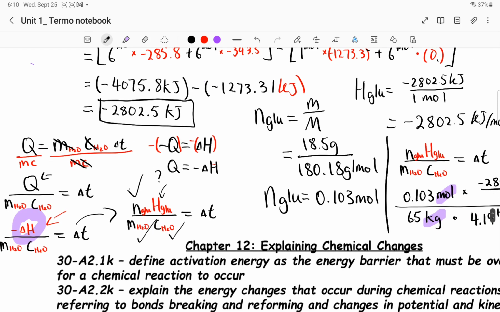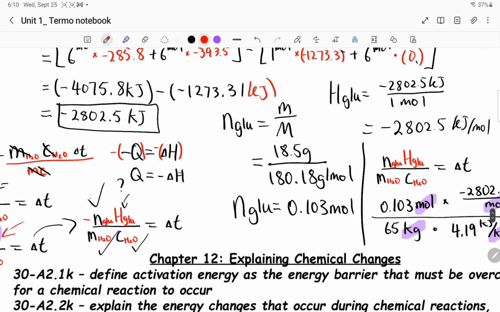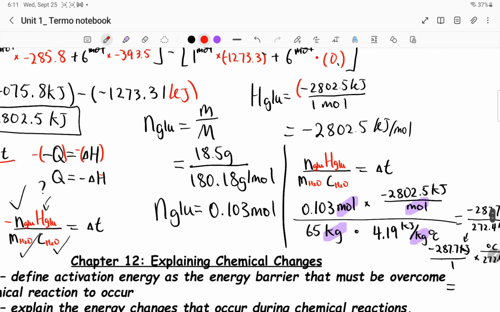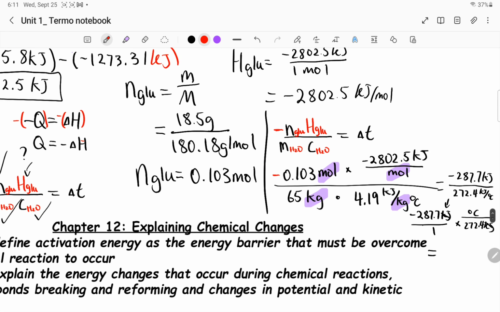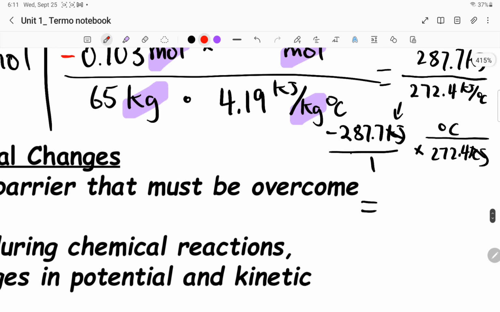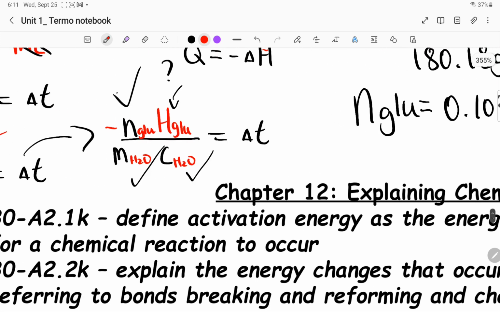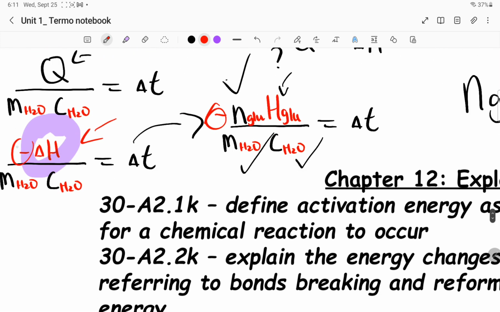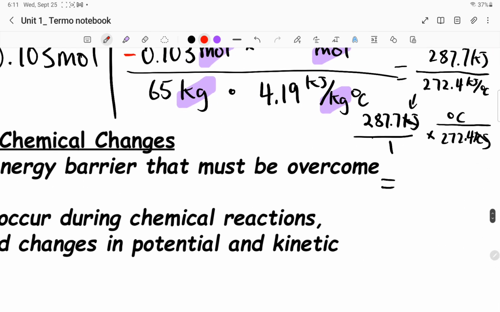Negative MC delta T. Oh, there would be a negative here. So since there's a negative here, this becomes a positive. Oops. So this is positive. So we missed that negative when I copied over. There was a negative here because we had a negative delta H equals your Q. Okay, so then again, final step, all that divided by the bottom.